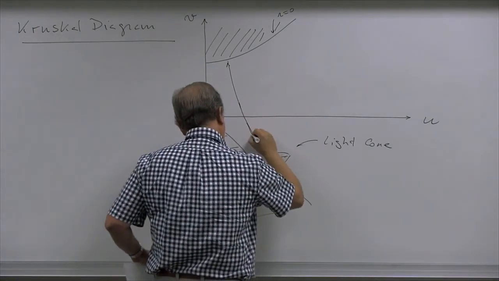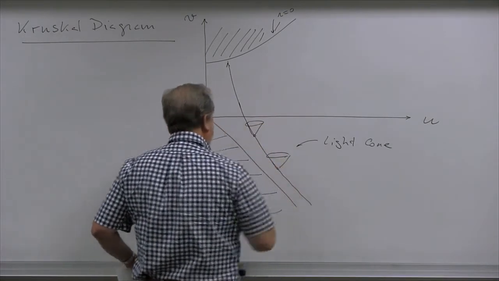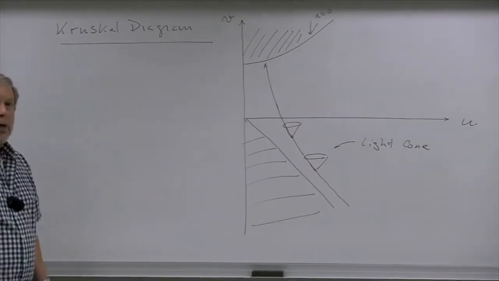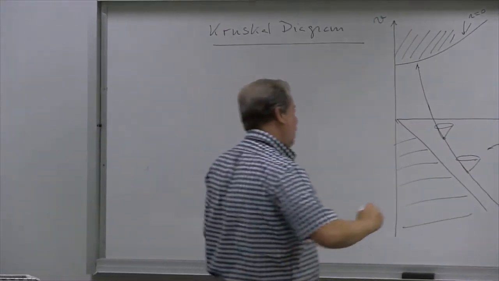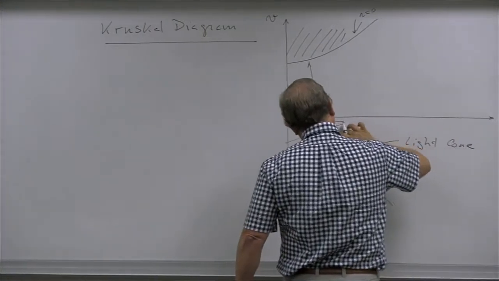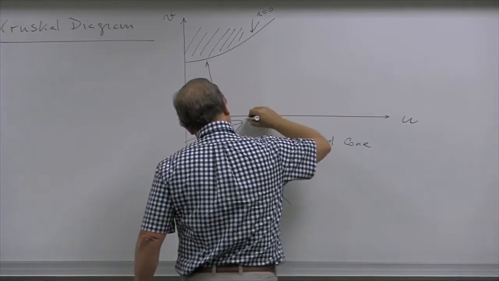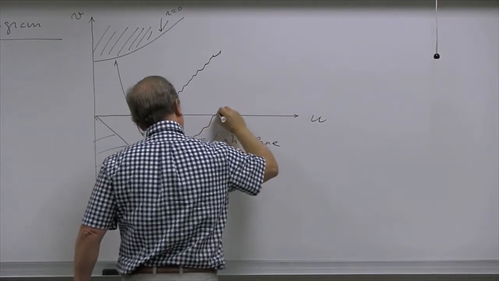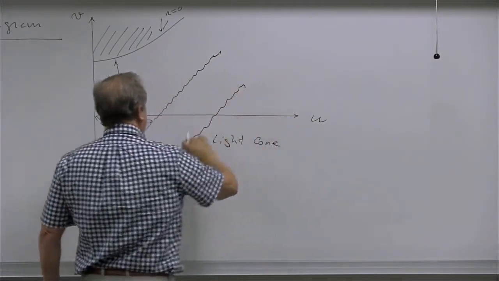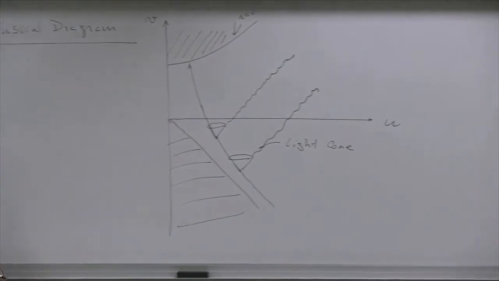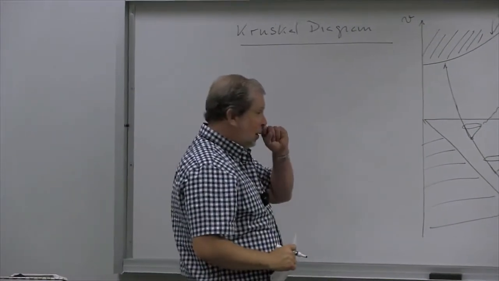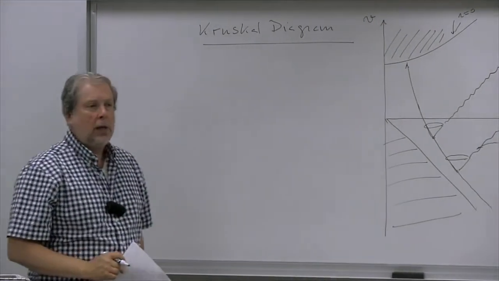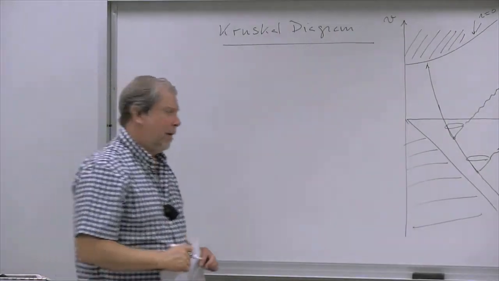We are going to draw a few of these. And as he goes in, he's going to emit some light signal, and the light signal would come out in the direction of this light cone like this. And as he plunges into the black hole, for a while there is no problem. In other words, this light signal will reach infinity.